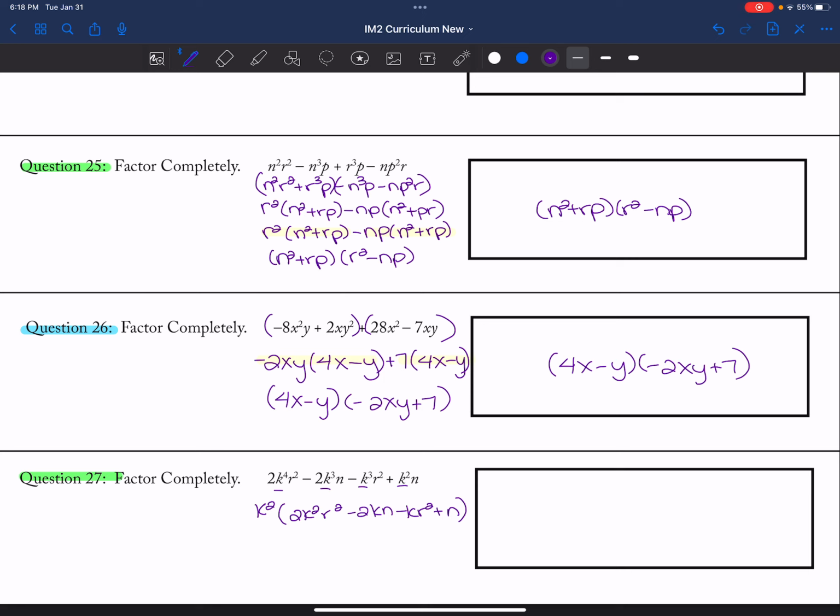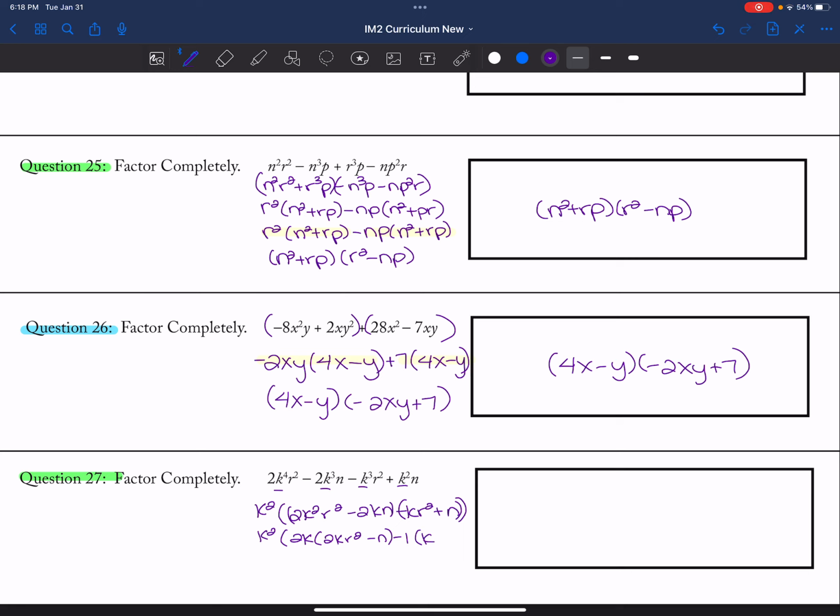So now I can do factor by grouping here and go k squared. Okay, so then what's in common here is a 2k. So then I'm left with 2k r squared minus n, and then minus 1 and a k.